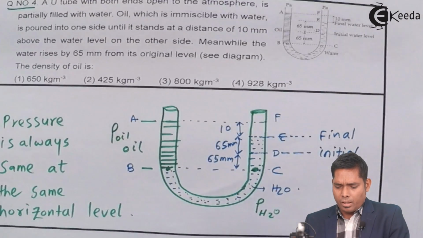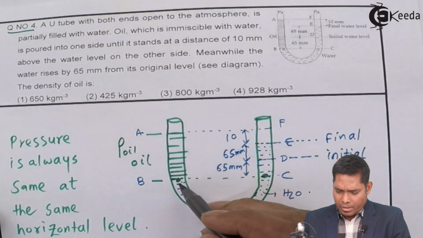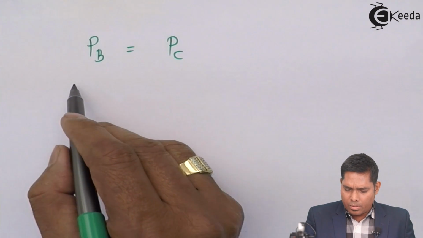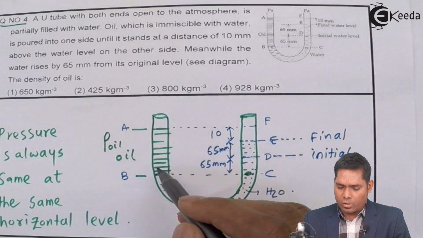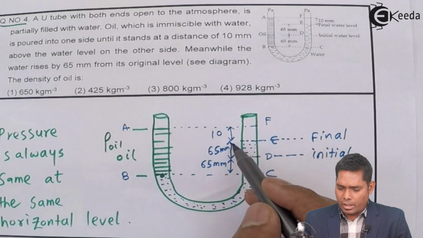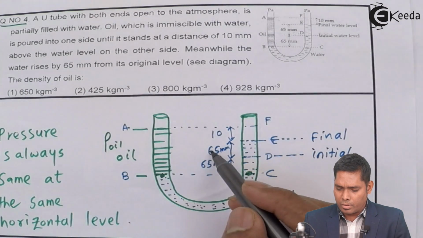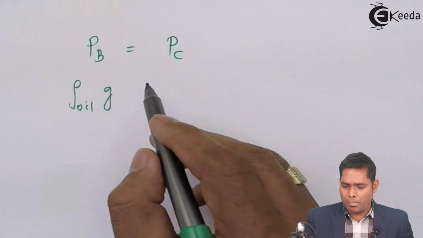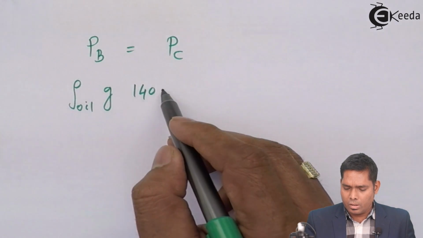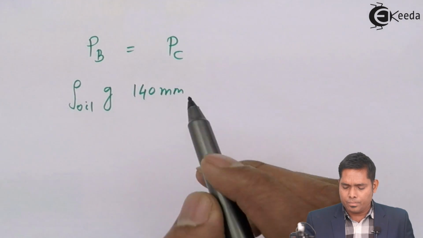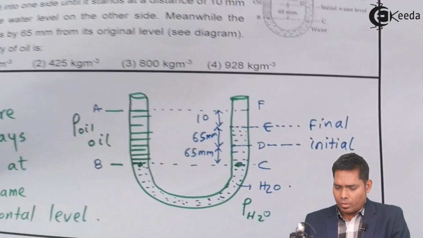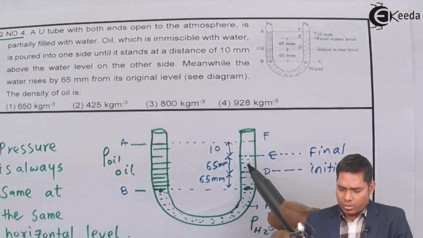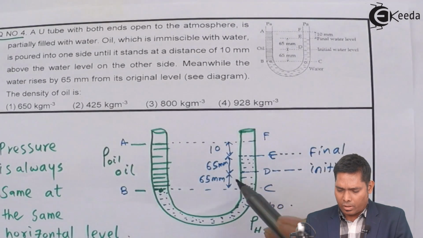The pressure at B is equal to rho g h. The pressure is density of oil, g, and height of this liquid here, that is oil, which is 10 plus 65 plus 65, that is 140 mm. So this is 140 mm I'm writing here, and this equals the height of this water, which is 130 mm.